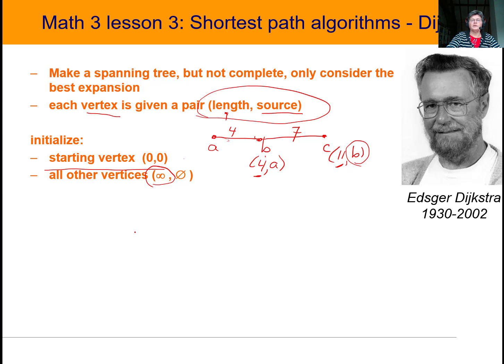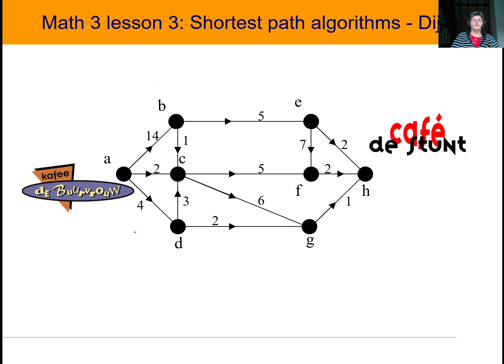Okay, it's a little bit vague maybe, but let's show how this works in practice, and then you'll get the hang of it. We have this cafe, and this cafe A will be initialized with 0, 0, because that's the starting point.